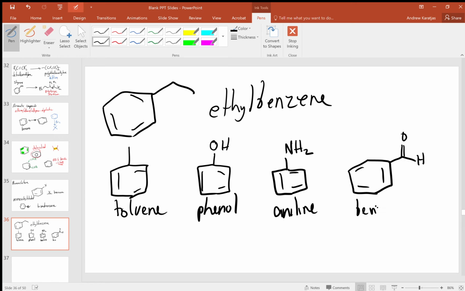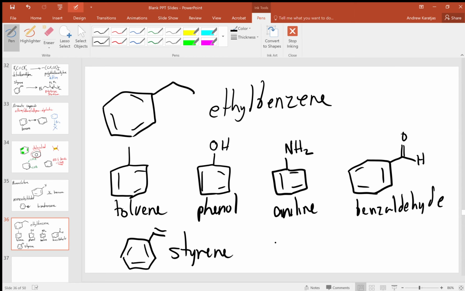With an aldehyde is known as benzaldehyde. If we put an alkene on there, we have styrene. And finally, if we put a carboxylic acid on there, that gives us benzoic acid. And so what we find is we need these common names as we get into more complicated molecules.